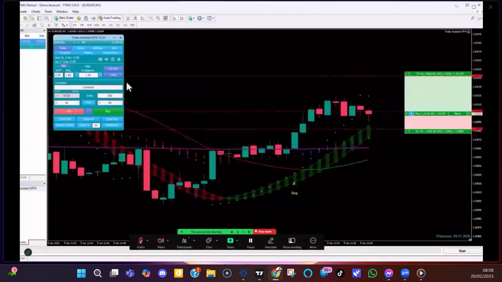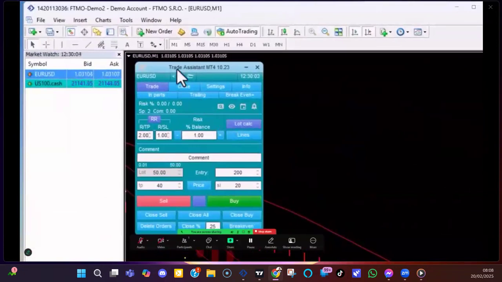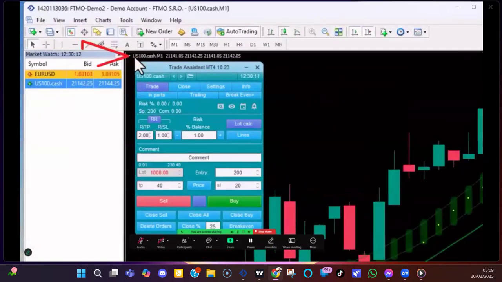But that's not what we're here for now. I'm going to click off the lines here, and what we're going to do is change our chart from Euro USD to US 100, and I can do that by dragging it onto the screen here. You'll see it now switch over to US 100, and now you can see that stop loss says 20, and that's wrong for a commodity.